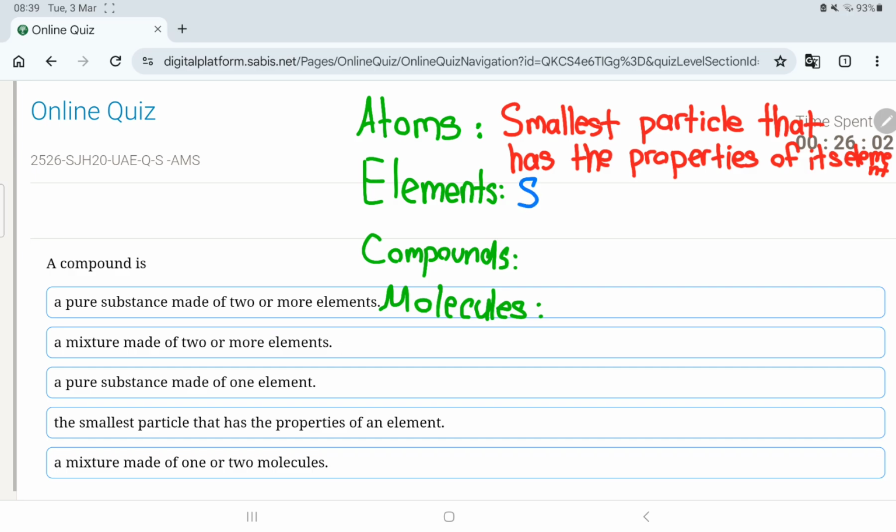It's a substance that cannot be broken down any further. I'm going to explain them all after.